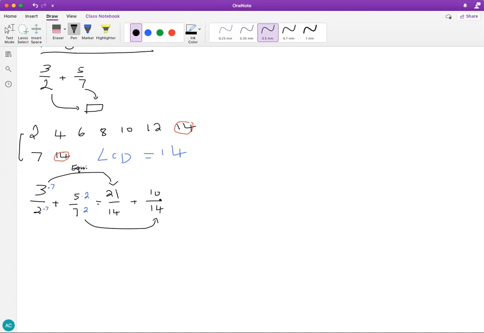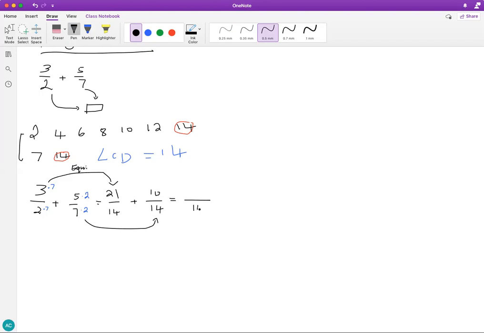Now that we have a common denominator, what do we do next? We can go ahead and add, right? Because we have an LCD, the least common denominator. So what goes in the denominator now? 31/14. The denominator stays the same.